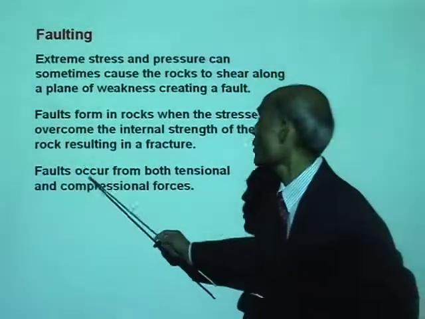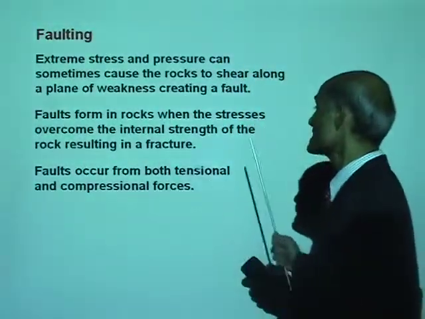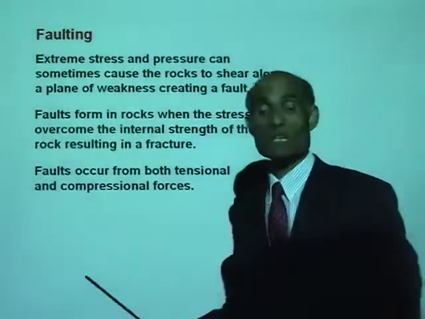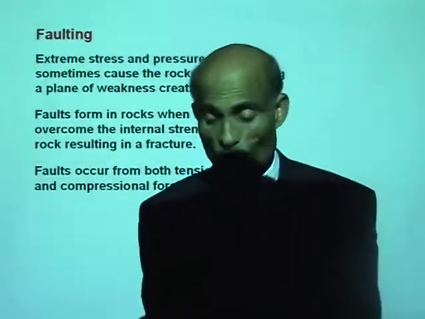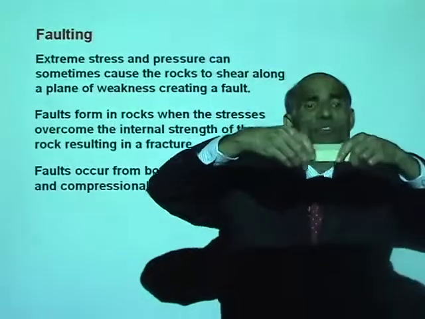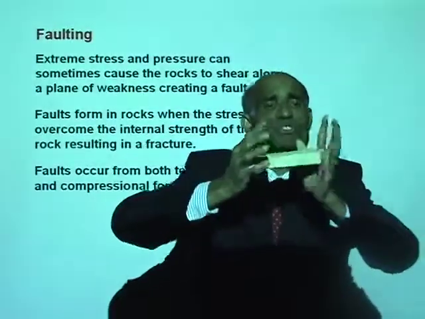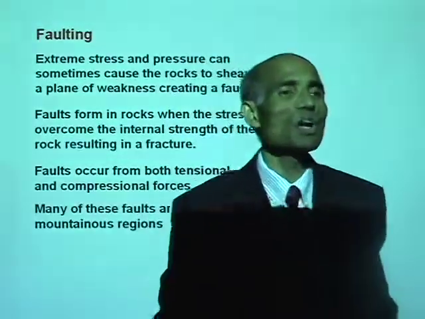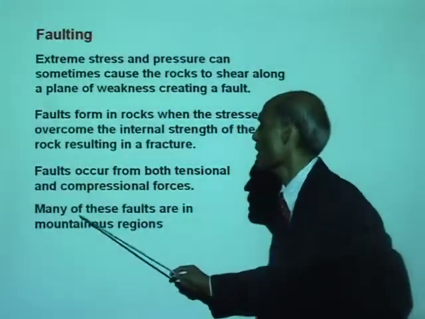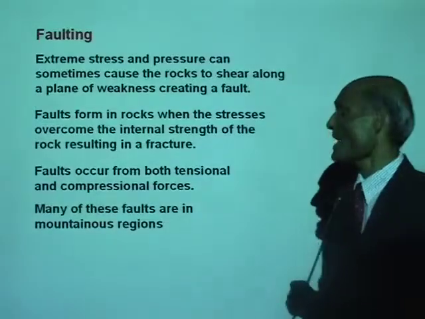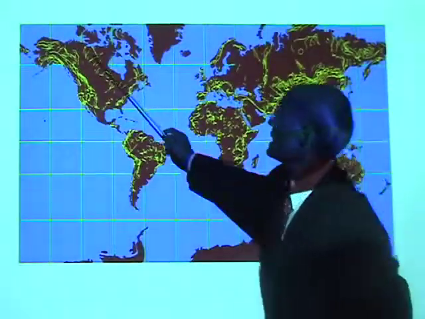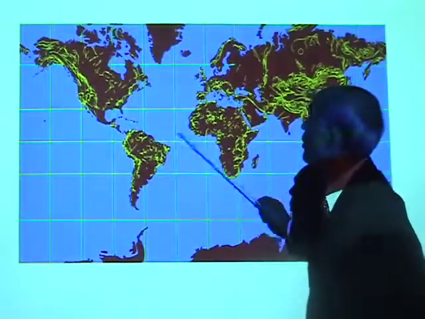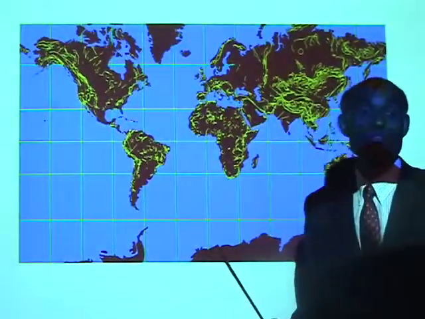And faults occur from both tensional and compressional forces. That means faults can occur due to the tensional forces as well as compressional forces. And we will look at some of these as we go on. Many of these faults are in mountainous regions. Well, here I showed you this picture before where you have earthquake regions.